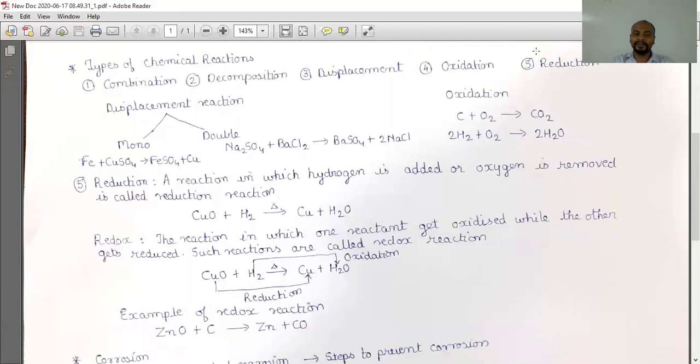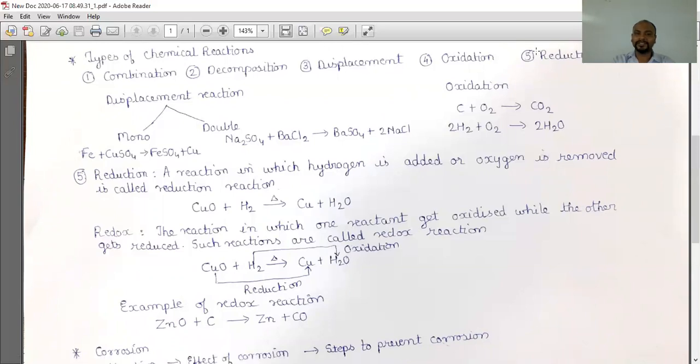Zinc oxide when reacts with carbon gives you zinc plus carbon monoxide. Here, the zinc oxide has got reduced to zinc, whereas carbon has oxidized to form carbon monoxide. These are the examples of redox reaction.